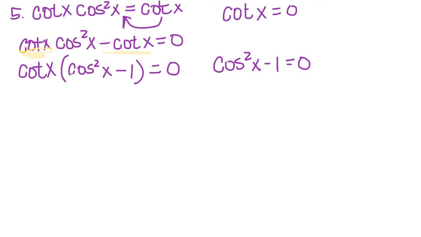Now let's think about what we did on this last test. Cotangent of x is 0. Cotangent's the reciprocal of what? Do y'all remember? Tangent. So what does that mean about tangent of x? What's the reciprocal of 0? Undefined. So I need those x values where tangent is undefined.